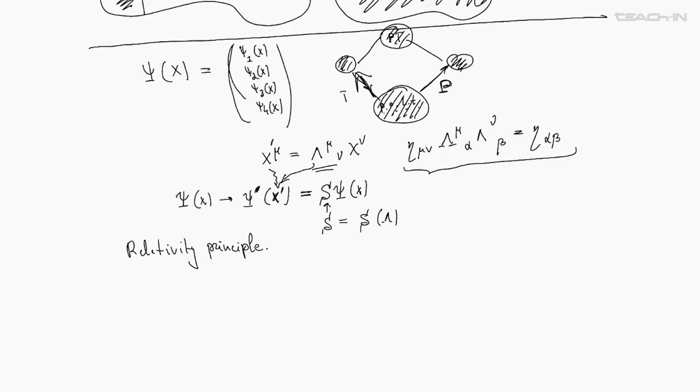Namely, after we do this Lorentz transformation, our new function psi prime of x prime, as we see it from the new frame, must still satisfy the same Dirac equation: i gamma mu d over dx prime mu minus mc over h bar. I write the complete equation with all the parameters. Psi prime of x prime is equal to 0.